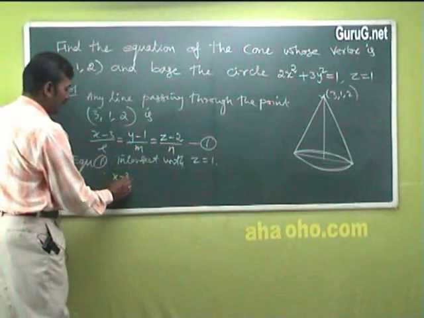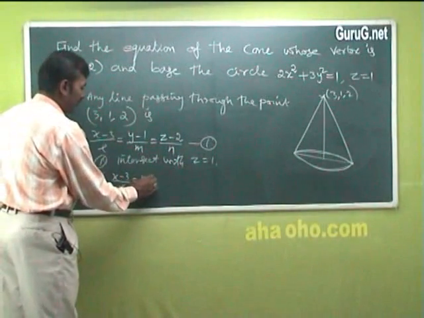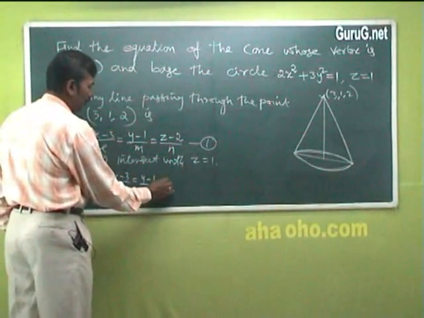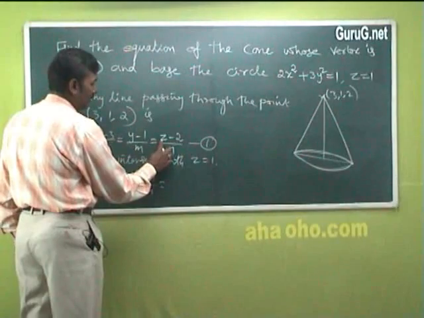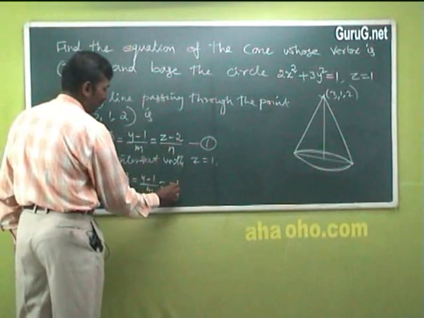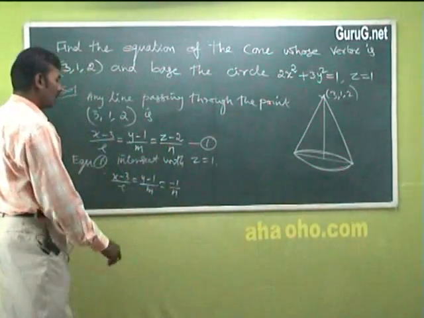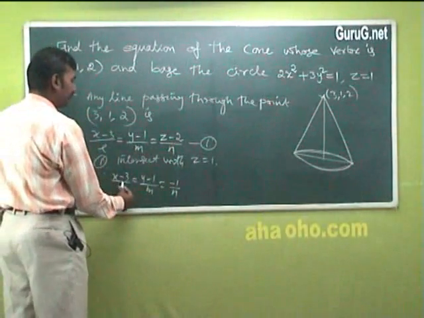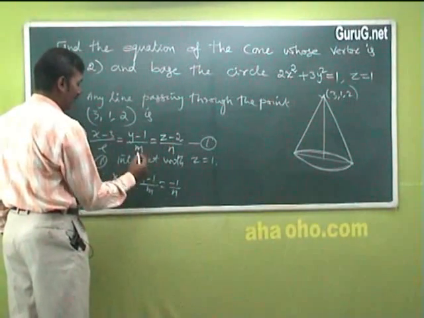Therefore, you put z equal to 1 in this: (x minus 3)/L equal (y minus 1)/M equal (1 minus 2)/N. So from this you find out x and y.